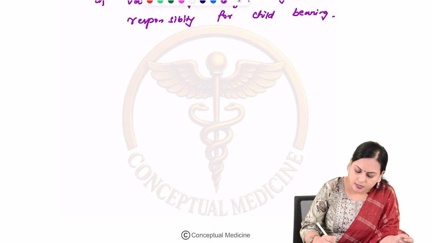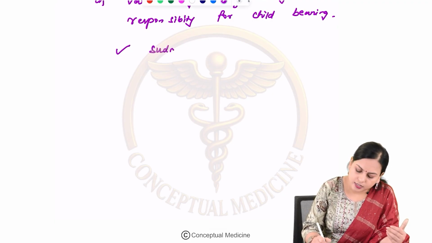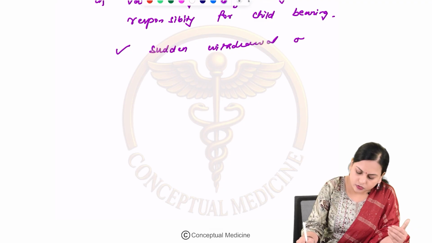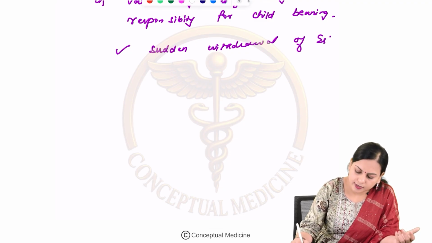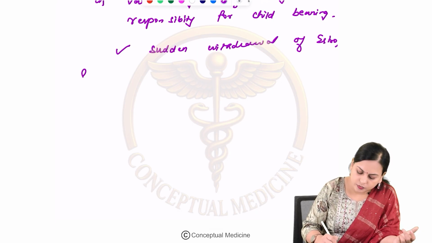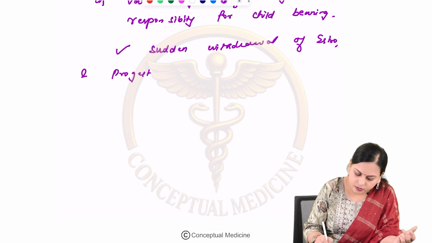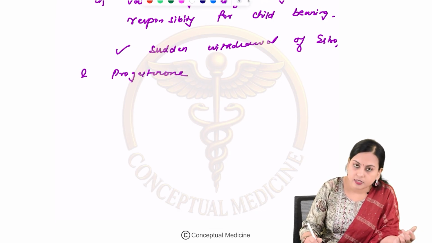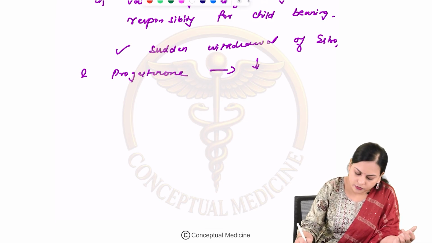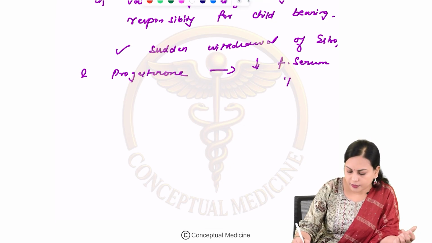What happens is there is sudden withdrawal of estrogen, right? Sudden withdrawal of the hormones, not only estrogen, including the progesterone also, following delivery, and there are low levels of free serum tryptophan.